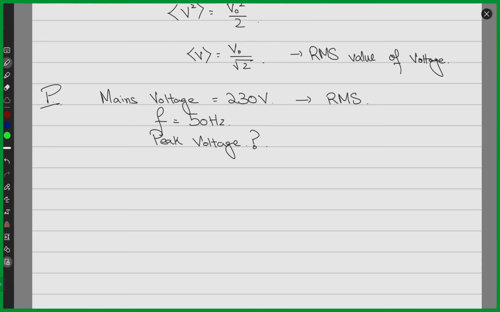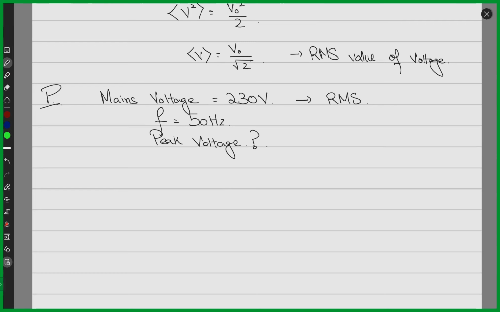Okay, so is that clear? Can you explain that one more time? Yeah. The mains voltage that you get from your supply, even in your households, is rated at 220 volts, or in the UK at 230 volts.